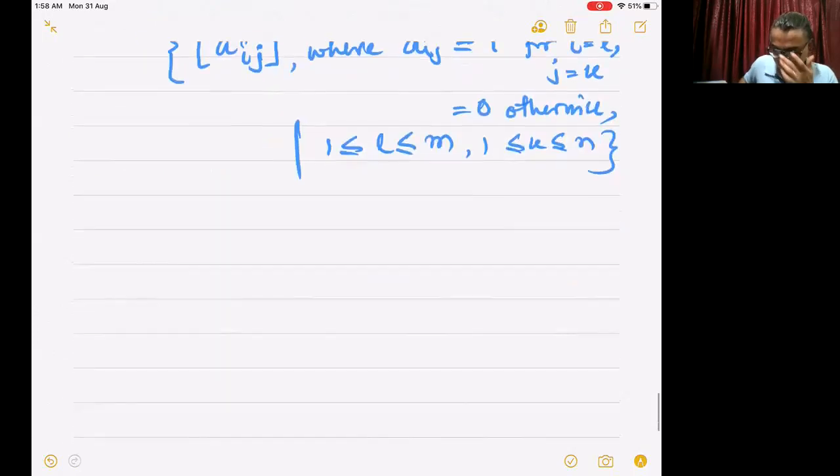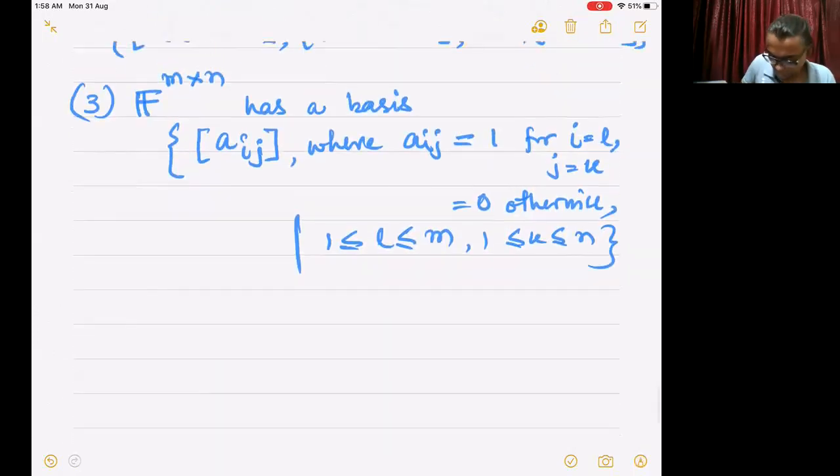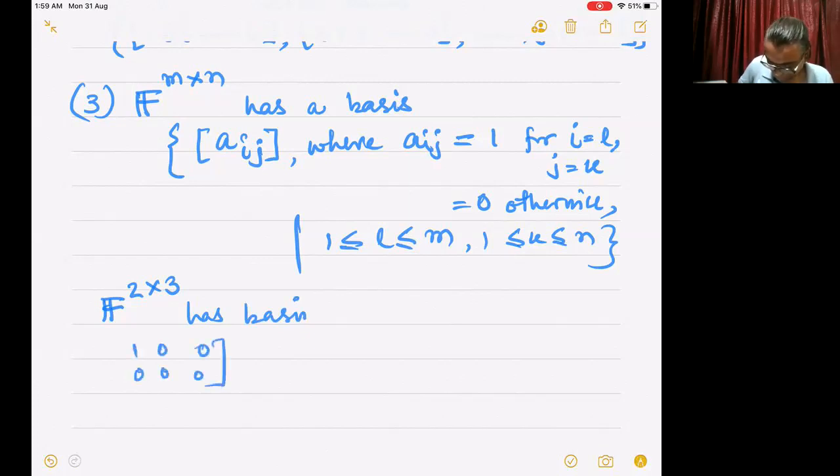Let me do this for a particular case, which will be easier for us to understand. So for example, let me do it for M2 cross 3, right? M2 cross 3 has a basis given by the following matrices: 1 0 0 0 0 0. Then 0 1 0 0 0 0.